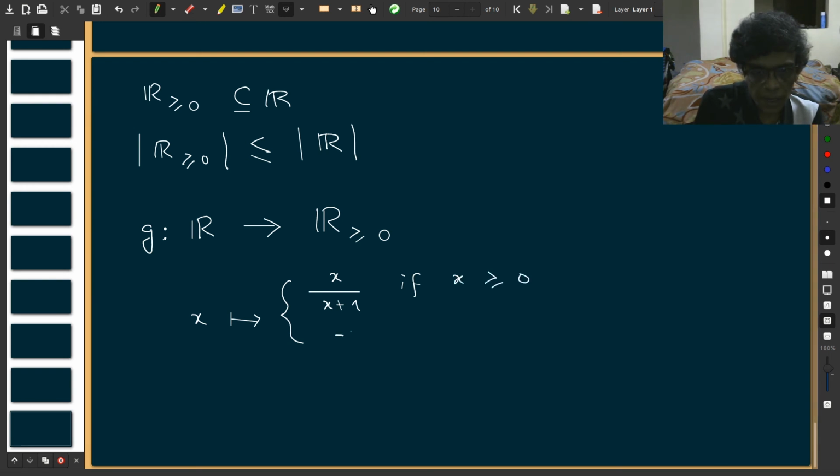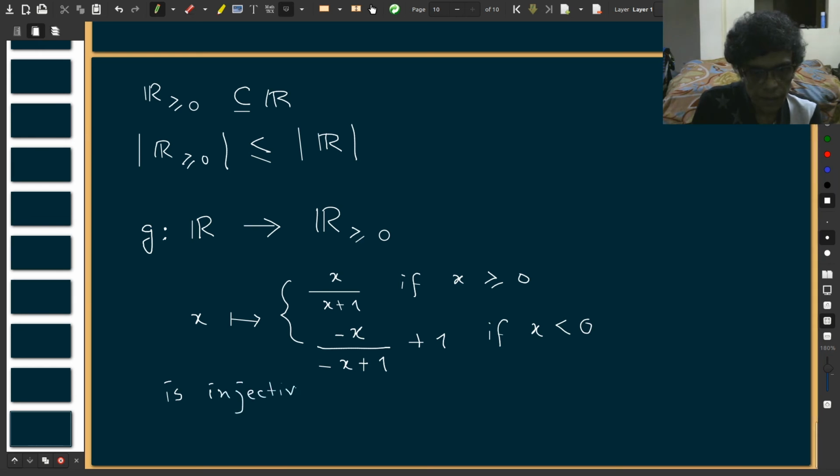Otherwise, I will again use the same construction, minus x over minus x plus 1, but then just shift this by 1 if x is less than 0. So, this maps this entire thing to the interval (0, 1), and this is a similar thing, (0, 1), but once you shift it, it will be (1, 2). Okay. So, g is injective.